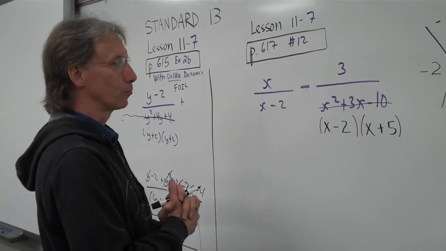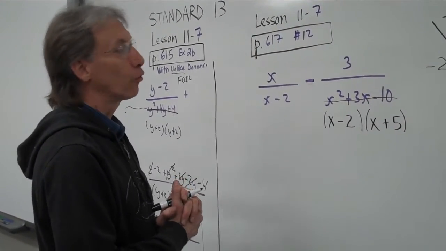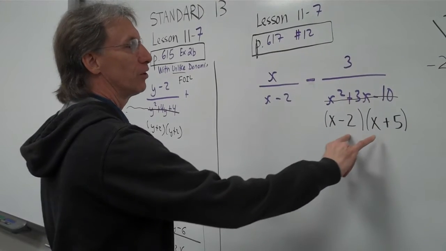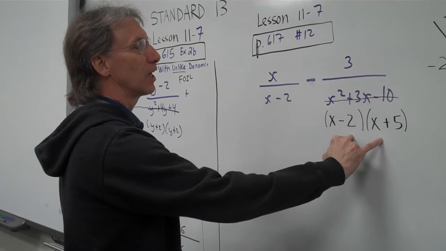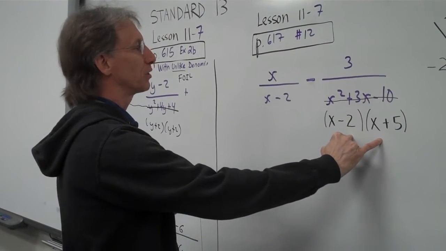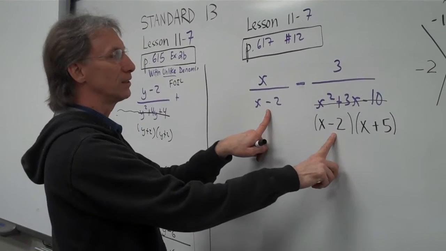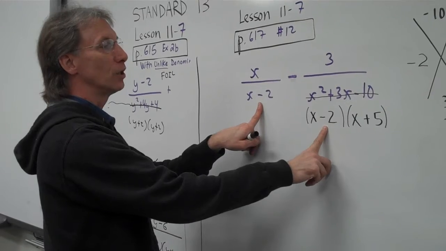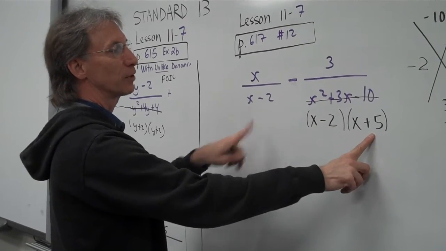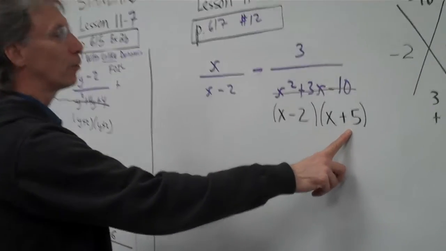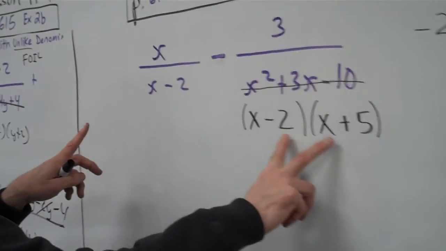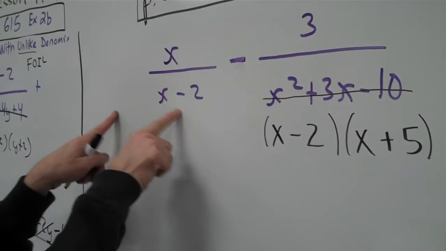All right? But before we do that, we have one other thing that we have to do. Take a look here at this denominator. It's x minus 2 and x plus 5. Over here we just have x minus 2. So you can see that both sides have x minus 2, but only this side has x plus 5. That means that if we want the denominators to be the same, it has to be the same here and here.